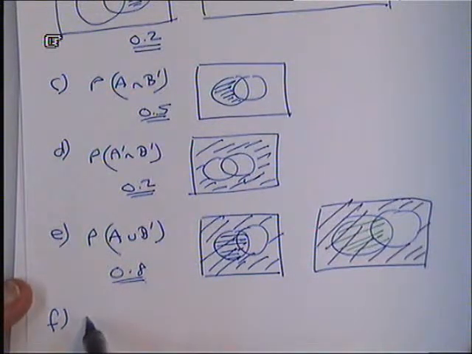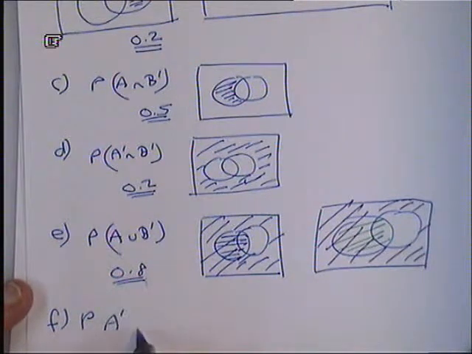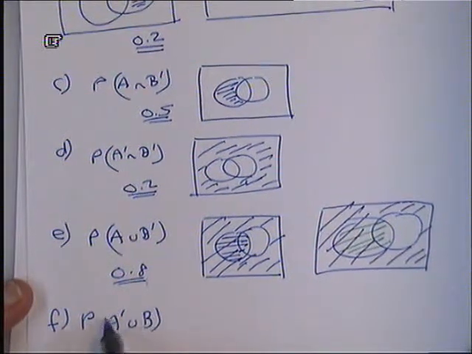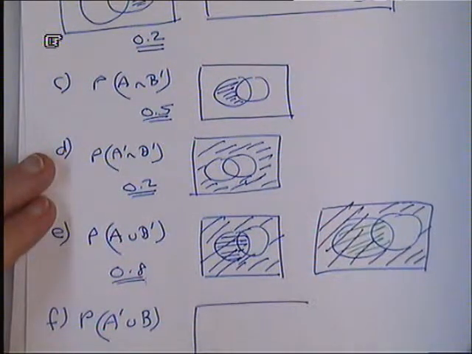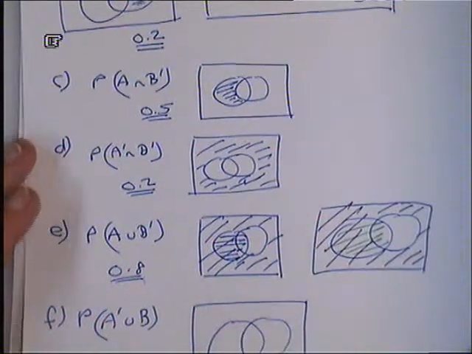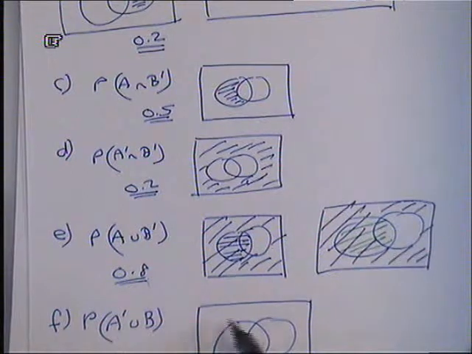And the last one we had here was not A union B. So it's like the mirror image of the last one we've done. And again, if it's a union, just shade both bits if you want to. So not in A is everything apart from the A circle.